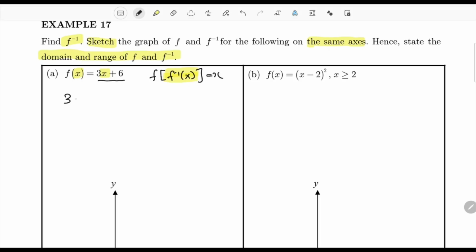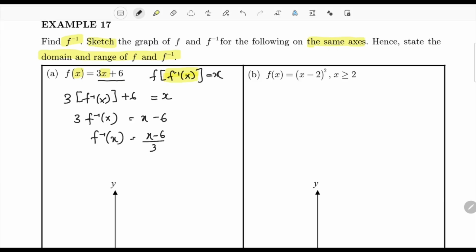So we have 3 f inverse of x plus 6, and that is equal to x. Rearrange: 3 f inverse of x equal to x minus 6. f inverse of x is x minus 6 over 3. So that is another linear function.